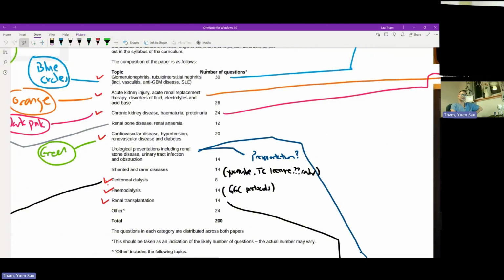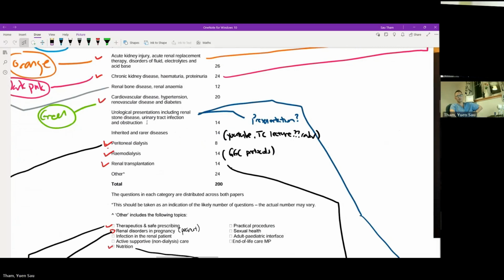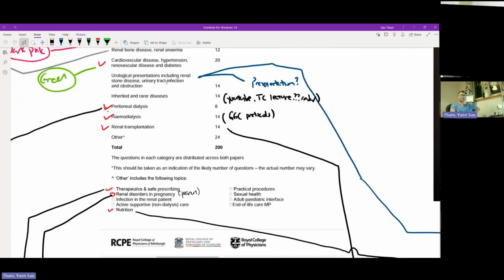The first 5 bits here have pretty robust resources out there. The other few bits have less. These are urology presentations, renal stone disease, urinary tract infections, and obstruction.